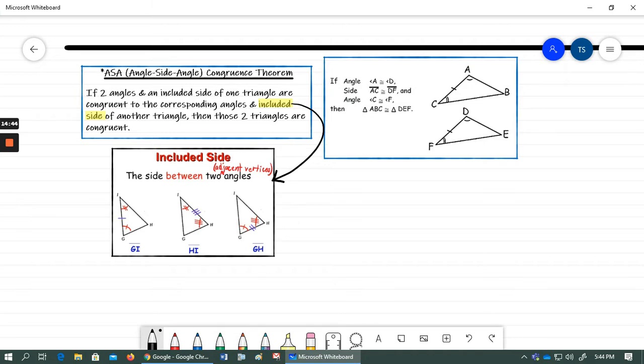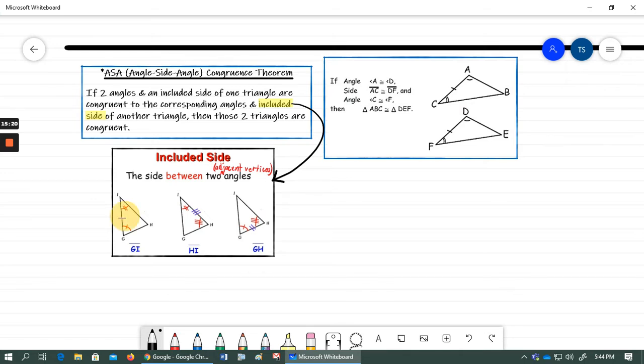Alright, so again, folks, the angle side angle, or ASA, congruence theorem, pretty much states that if two angles and an included side of one triangle are congruent to the corresponding angles and included side of another triangle, then those two triangles are congruent. So again, folks, when we say an included side, what we're talking about is a side that is between two angles.